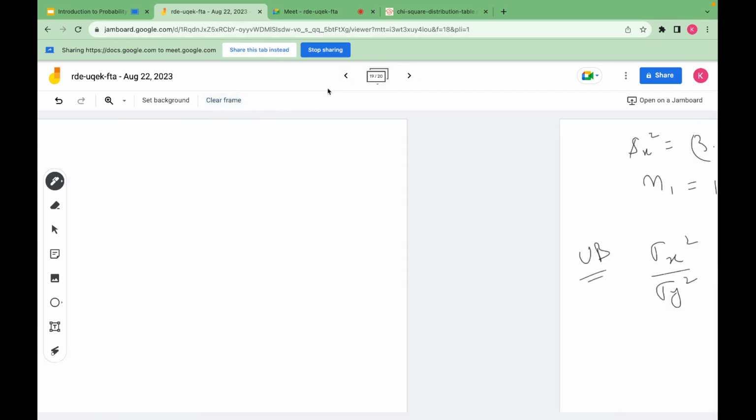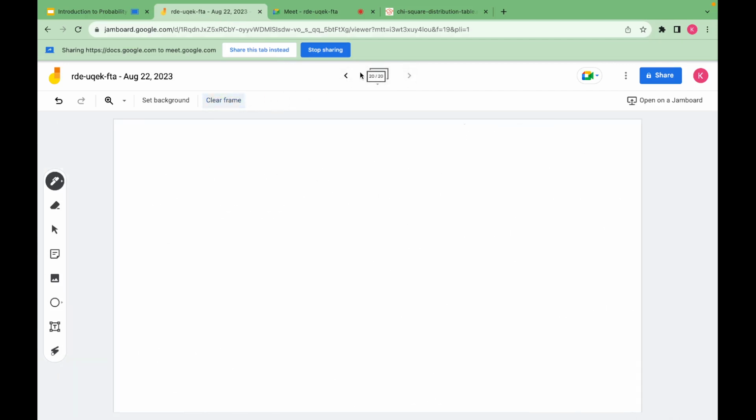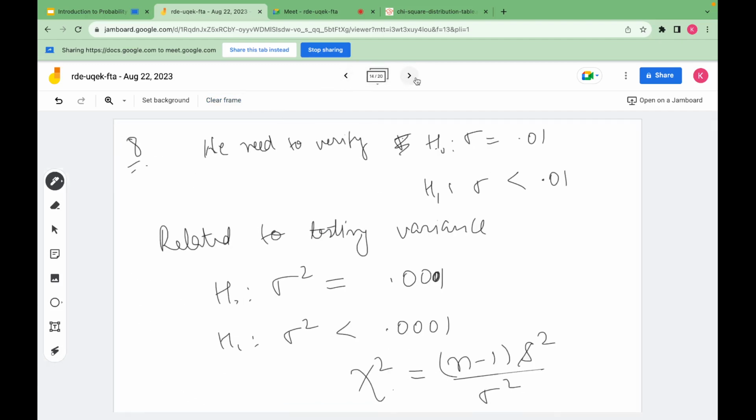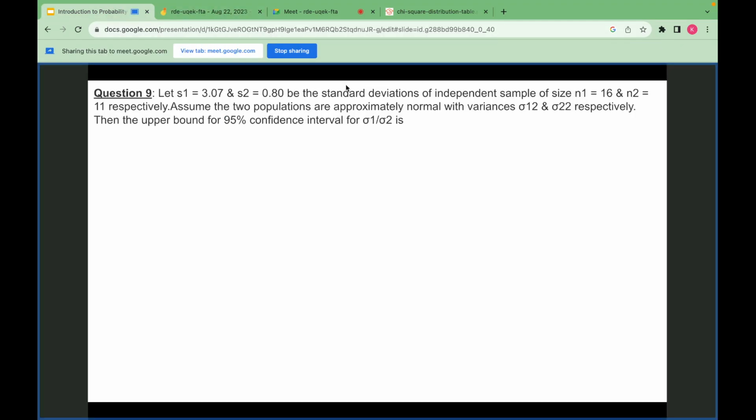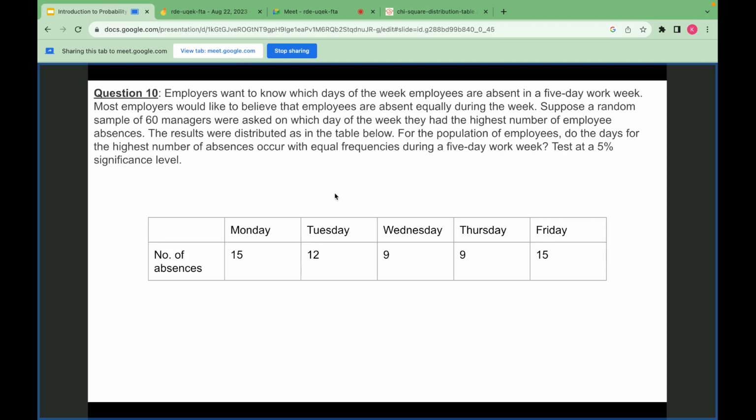Okay, moving to the next question. Now we will see how to test whether certain data is following a particular distribution.